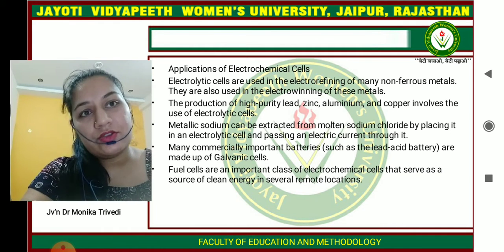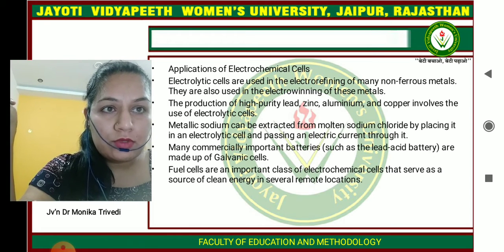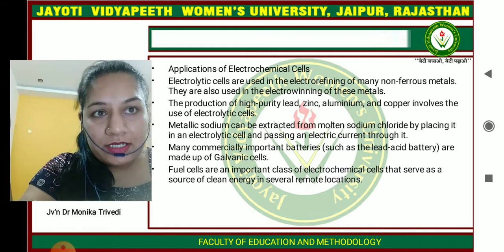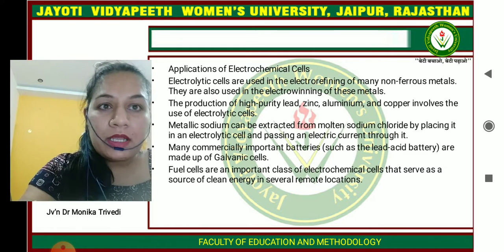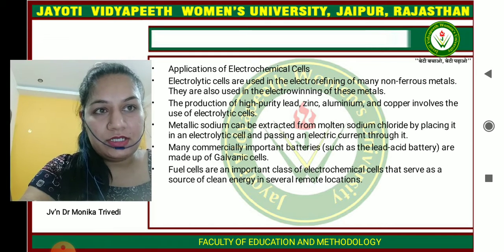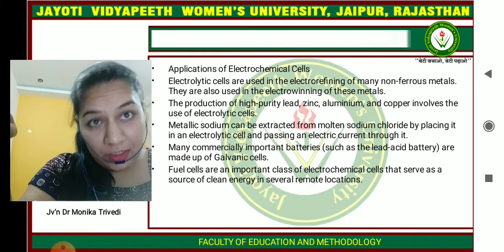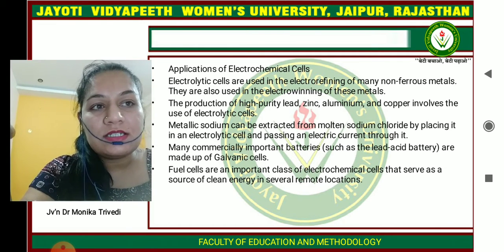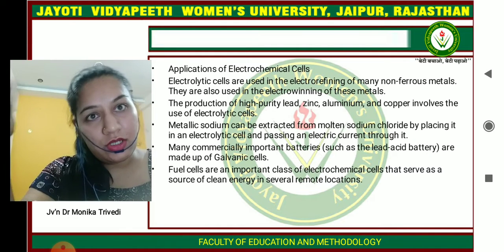Metallic sodium can be extracted from molten sodium chloride by placing it in an electrolytic cell and passing electrical current through it. Many commercially important batteries such as the lead acid battery are made up of galvanic cells. Fuel cells are an important class of electrochemical cells that serve as a source of clean energy in several remote locations.